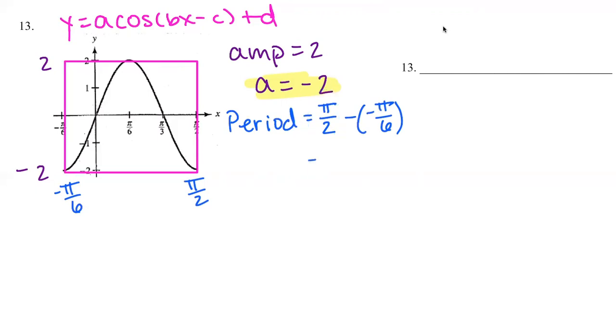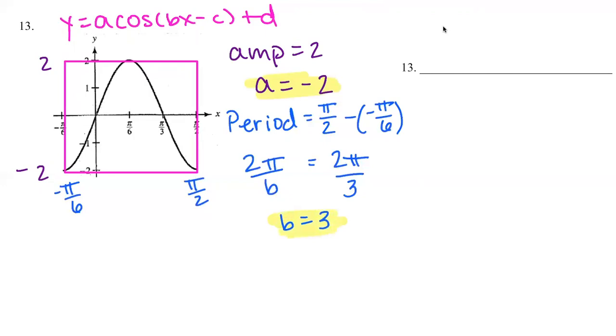This would give me 4 pi over 6, which would simplify down to 2 pi over 3. Now, this is our period, which we calculate by taking 2 pi divided by b. Well, if 2 pi over b equals 2 pi over 3, then b is 3.